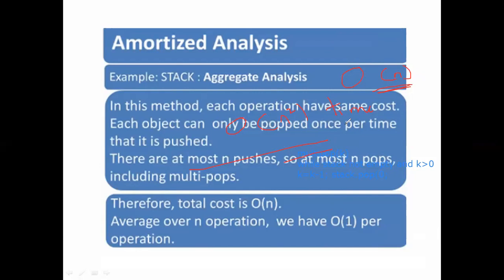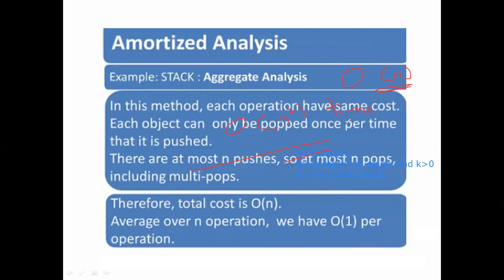The only non-constant time operation in the stack is multi-pop, which takes big O of n time. If there are also n constant time push operations on the stack, then in the very worst case the total is big O of n time.